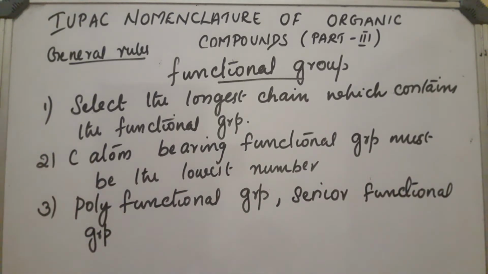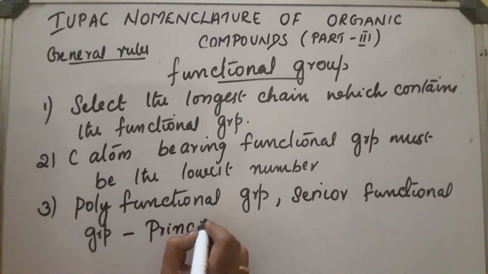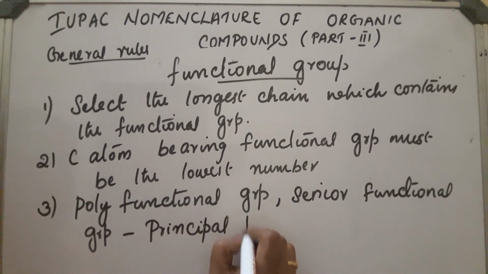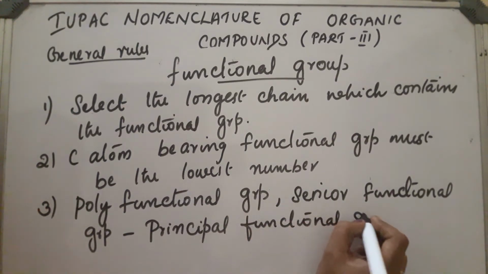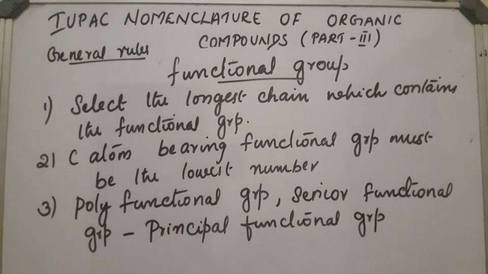We have to name the compound in accordance with the principal functional group. This functional group will be the suffix, and all the other functional groups will be the prefixes.